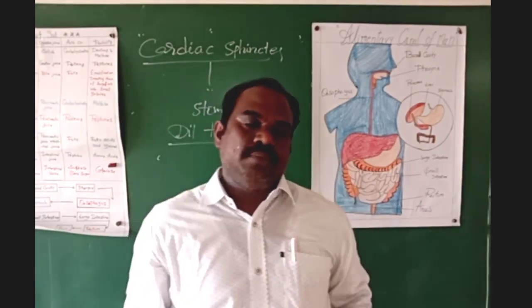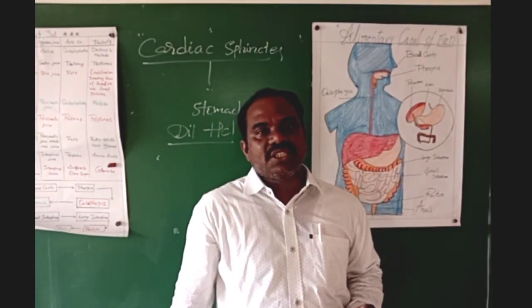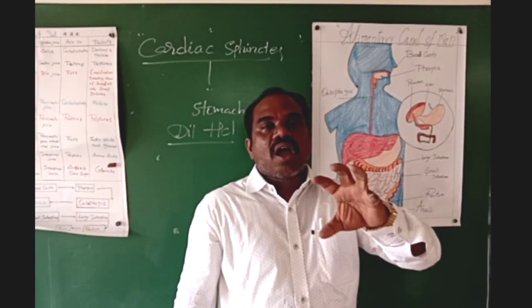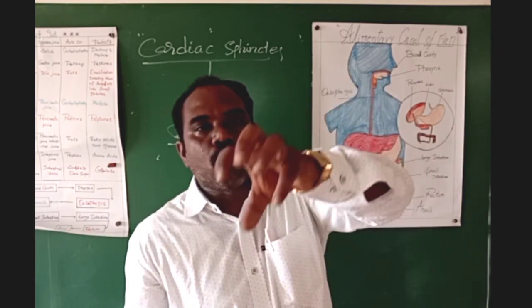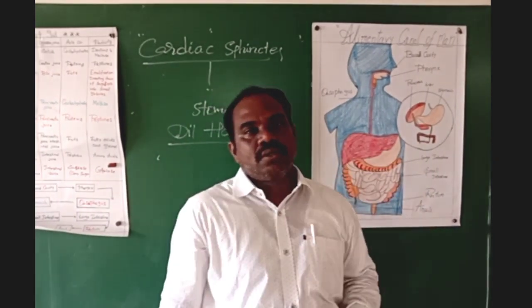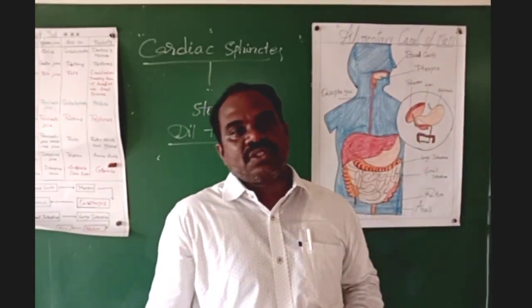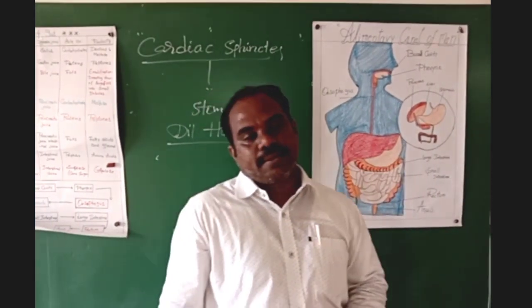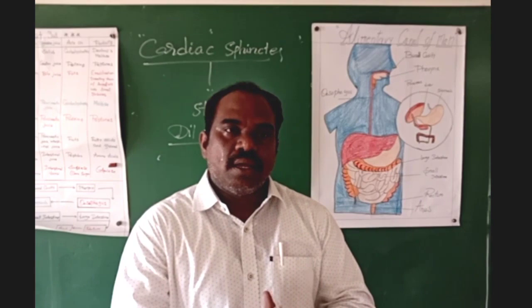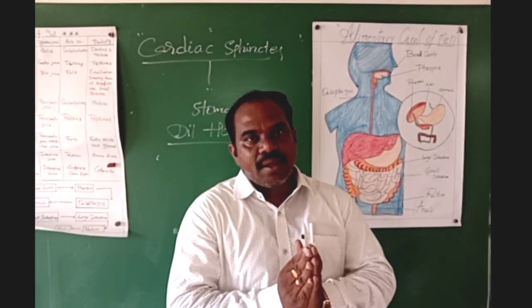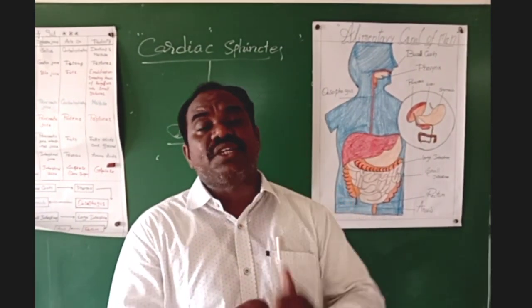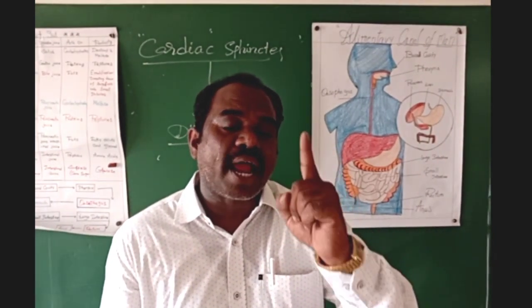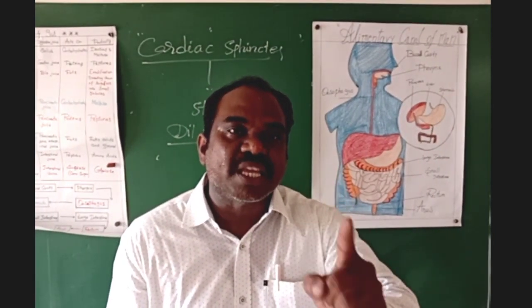In our stomach, the sphincter called the cardiac sphincter opens and closes. It regulates the food materials, allowing them from esophagus to stomach. In the stomach, gastric juice and diluted hydrochloric acid are secreted from the walls.